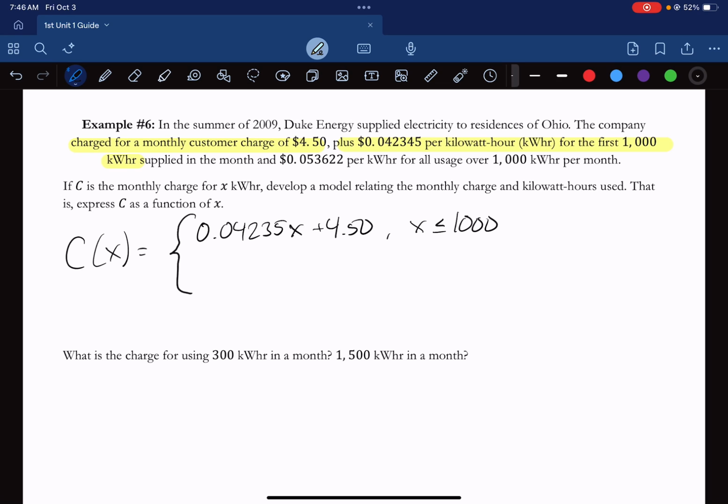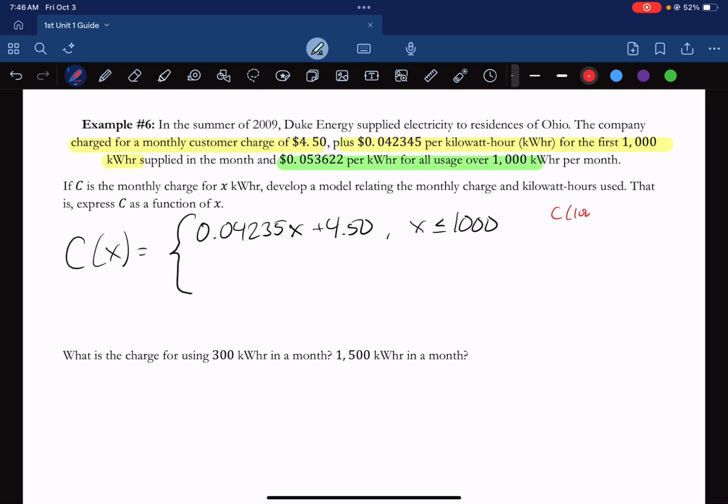Okay. Then, though, it tells me that I have this extra charge for all usage over 1,000, 0.053622 per kilowatt per hour over the 1,000. So what I first need to do is find the cost for 1,000 of them.